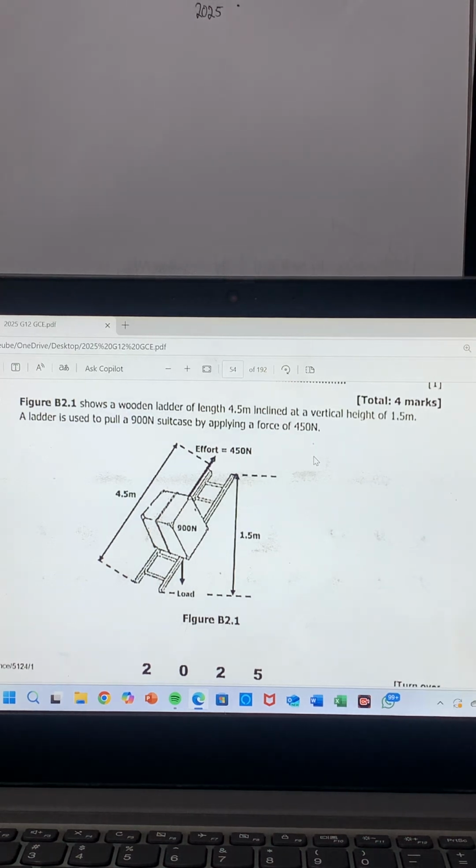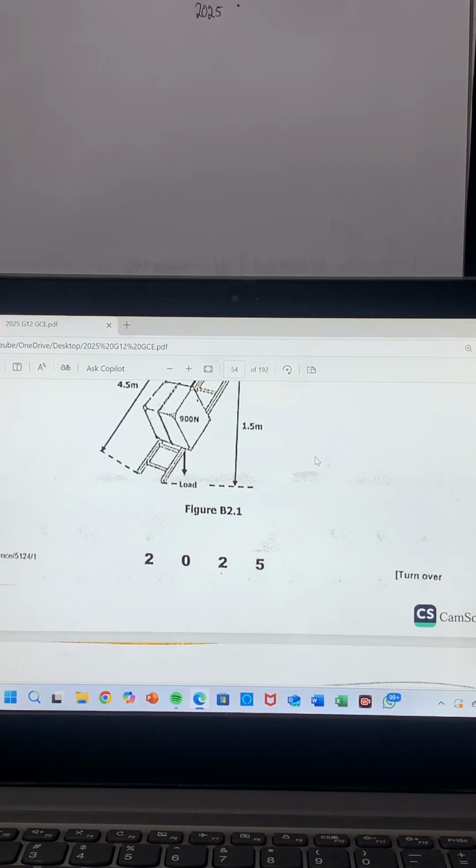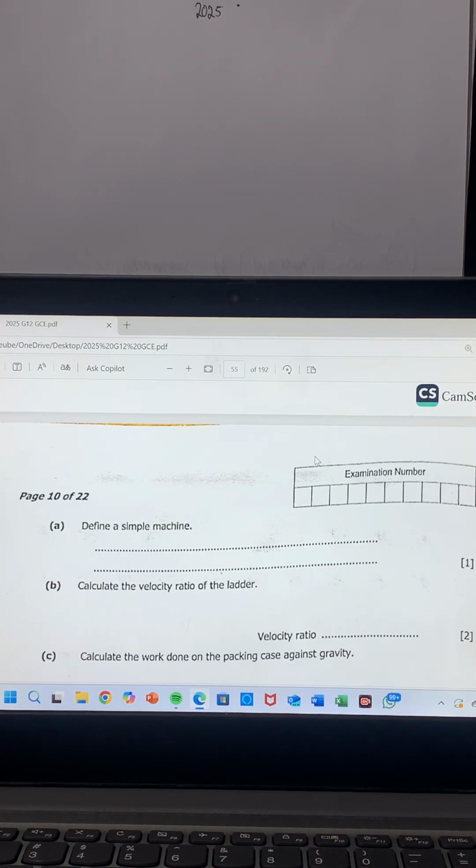All right, so what is the first question asking us? The first question is saying define a simple machine.